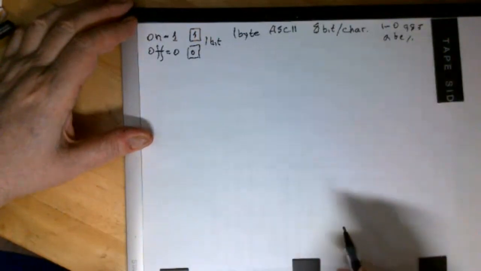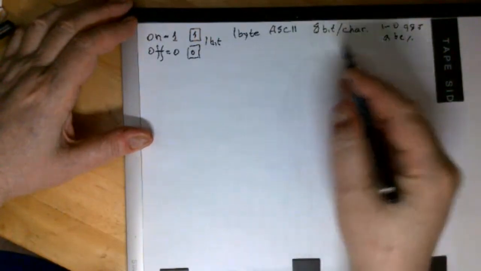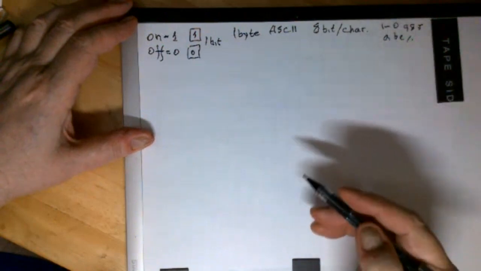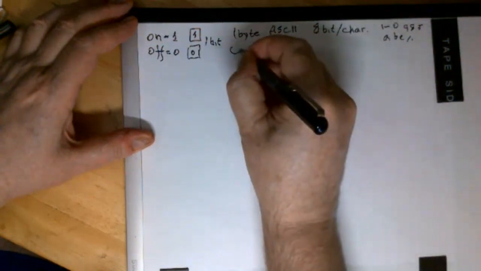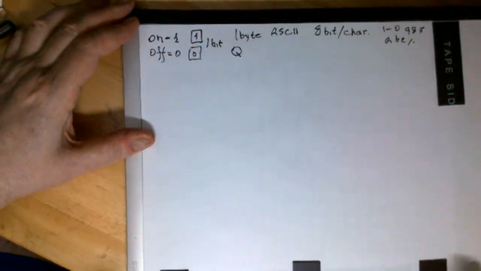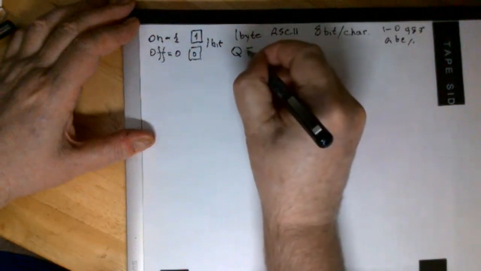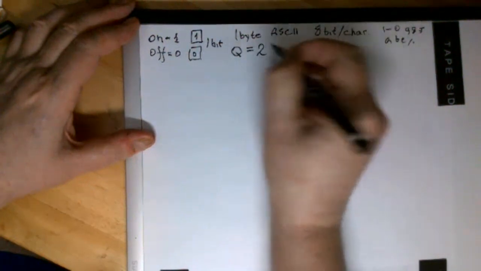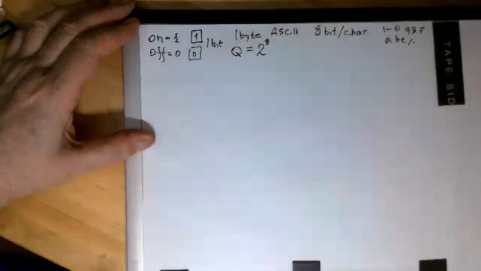So 8 bits per character. But folks, using the famous formula for the number of variations, Q, we will calculate how many variations here: 2 to the power of 8.